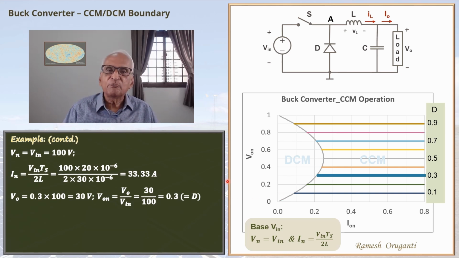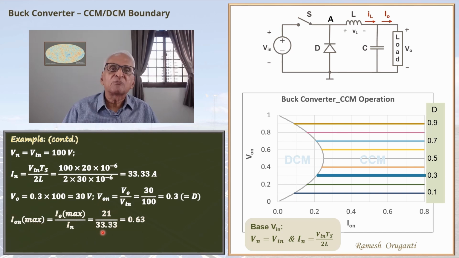The two currents are 7 amperes and 21 amperes. ION max, that is the normalized maximum current, is IO max 21 amperes divided by the base current 33.33 amperes, which is 0.63.